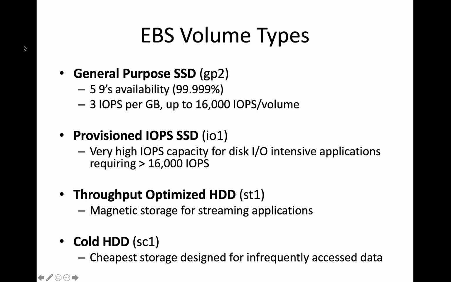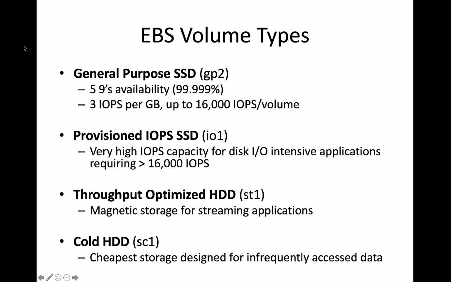This is highly available storage, 5 nines of high availability, and it's fast, up to 16,000 IOPS per volume. So it's using SSD drives, which are very, very fast drives. These are the same sort of drives that you find in any sort of modern system that you would buy, and they support most general use cases.